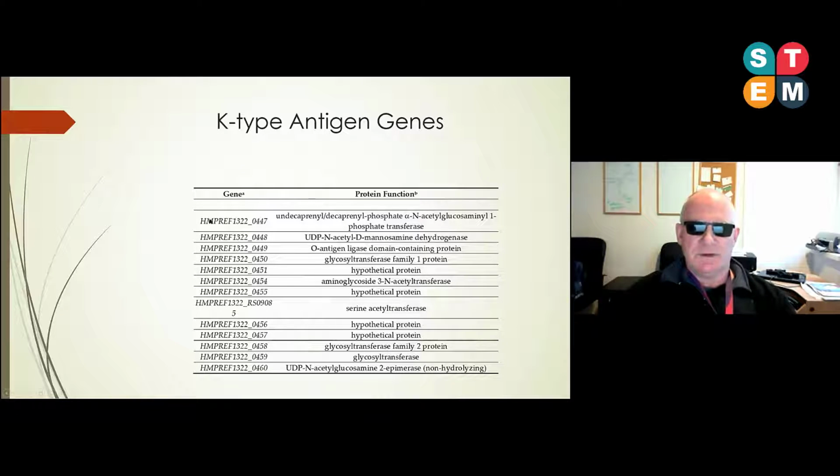For example, this first one can probably be assigned the first step in the reaction, which is the attachment of undecaprenyl phosphate to the sugar moiety, N-acetylglucosamine, and it's very similar to the WbaQ enzyme as for the O antigen.